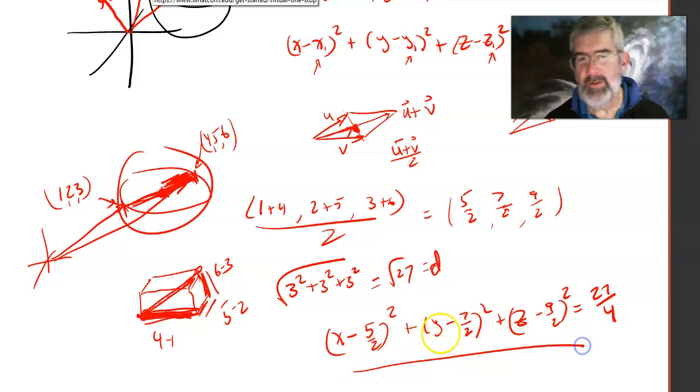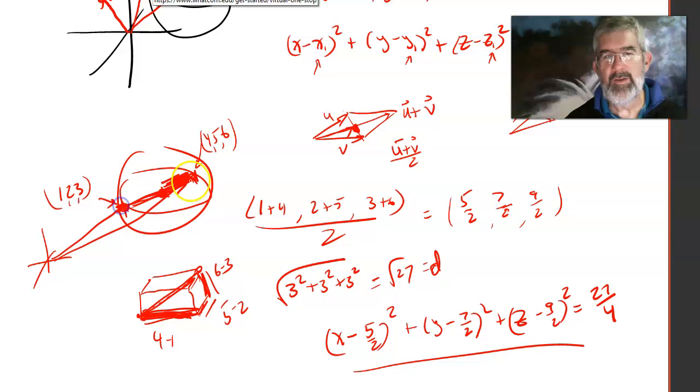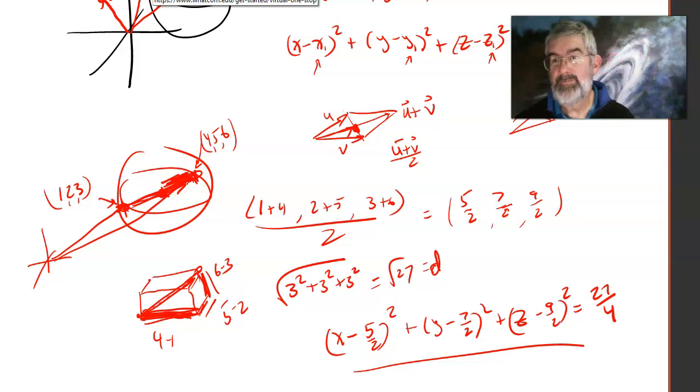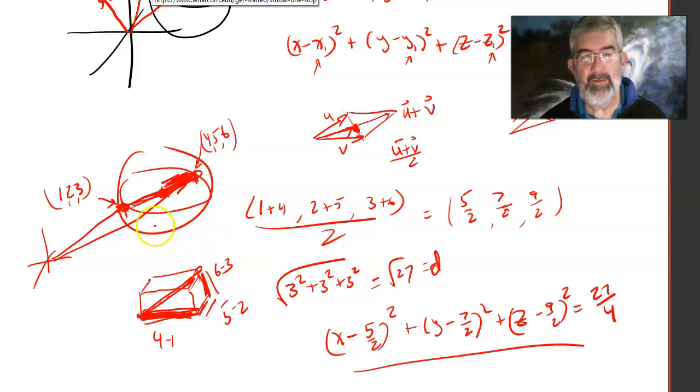And there's the equation of the sphere, knowing the two endpoints of one diameter. We took the average of those two points to find the center. We then used the two points to find the length of the diameter, cut it in half to get the length of the radius, and then plugged it into the equation for a sphere.